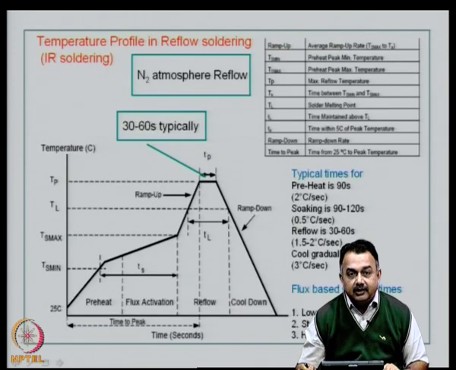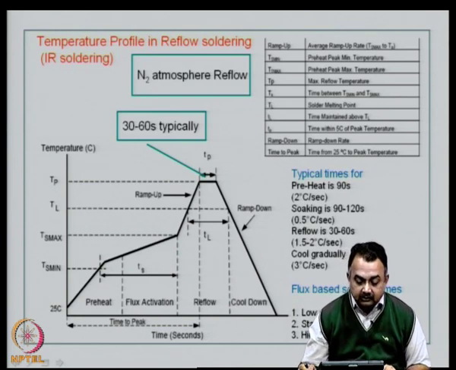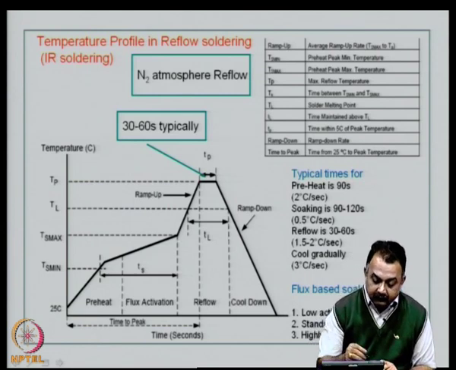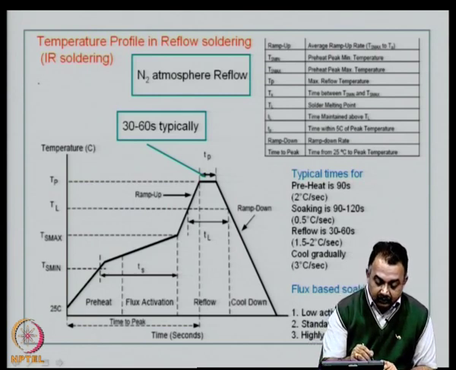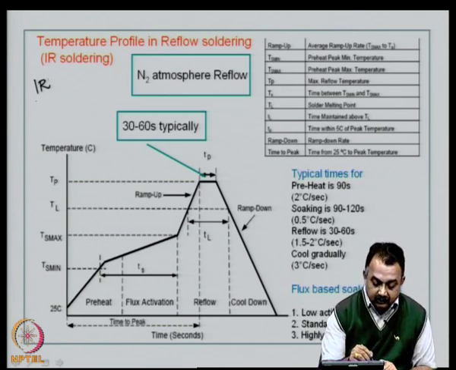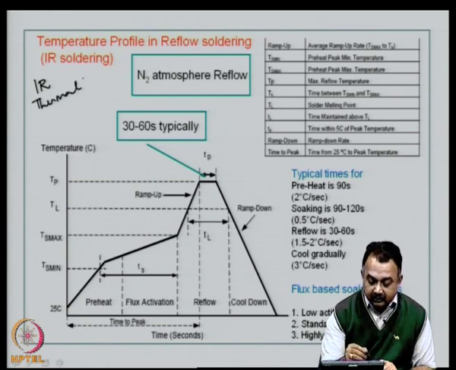So, what I am showing here is a temperature profile or a thermal profile in a reflow soldering process. Let us say IR soldering. Reflow soldering, as you know, is of three types, right. The first one could be by IR, the second one could be just by thermal convection air, and the third one could be vapor phase.